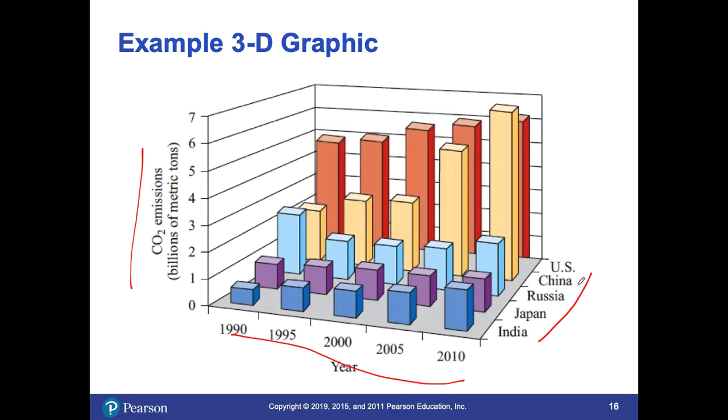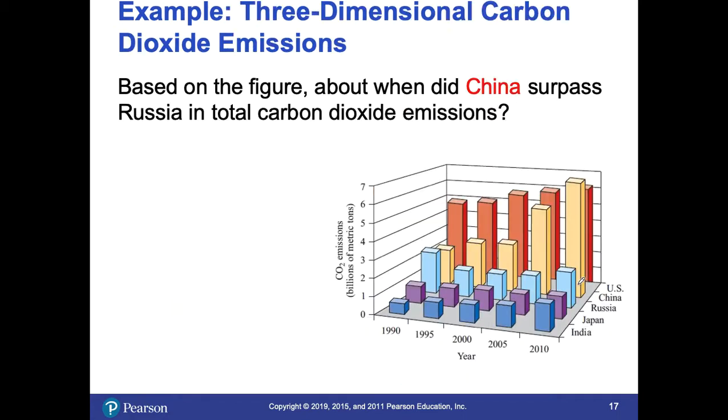In fact, the U.S. and China seem to be the highest, which kind of makes sense, actually. And these would probably be among the five most populous countries in the world. So having a 3D graph like this can give you much richer data and let you talk precisely about what would otherwise be difficult to talk about.